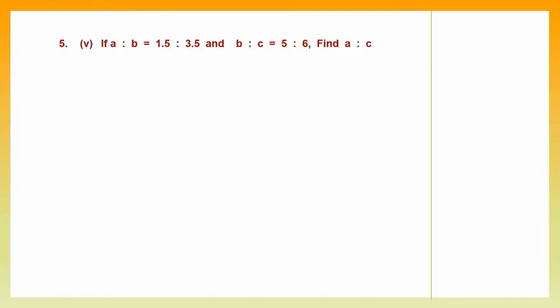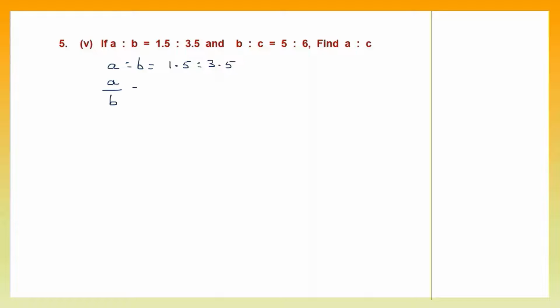Next question. If A is to B equals 1.5 is to 3.5 and B is to C equals 5 is to 6, find A is to C. Okay, so here again we need to find A is to C. So let's start. A is to B equals 1.5 is to 3.5. So we can write this as a fraction.